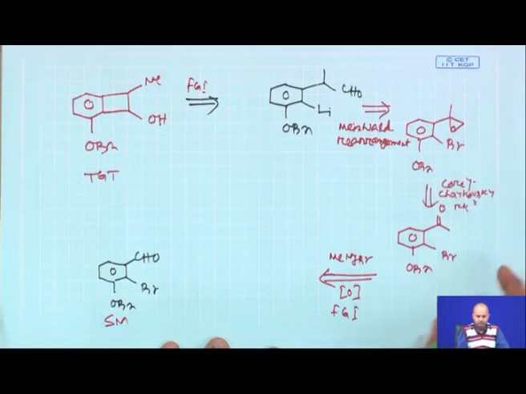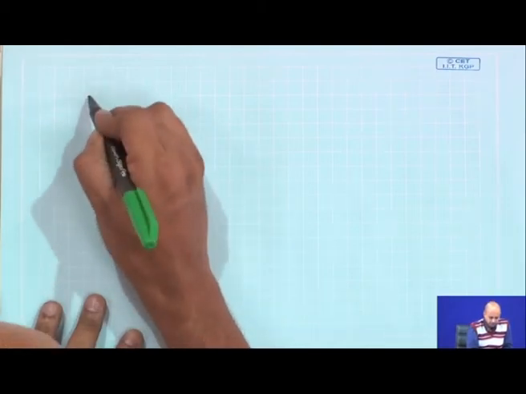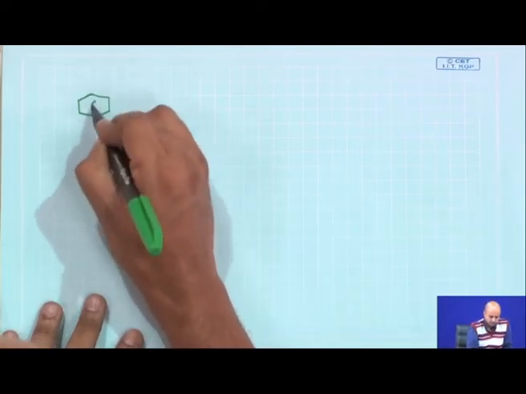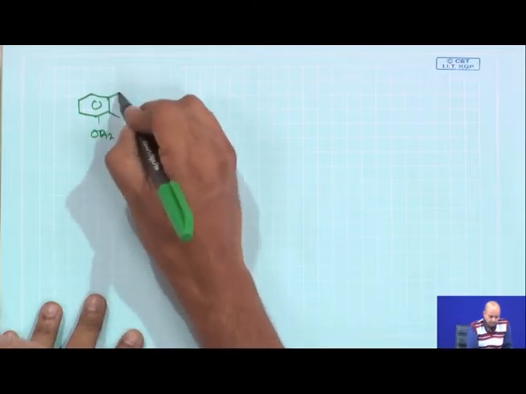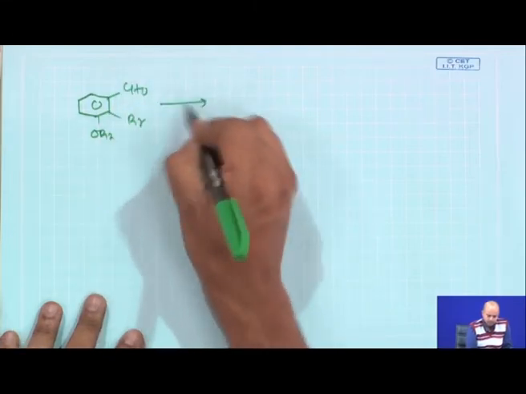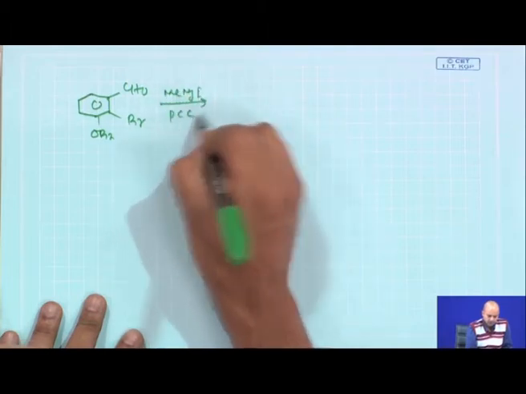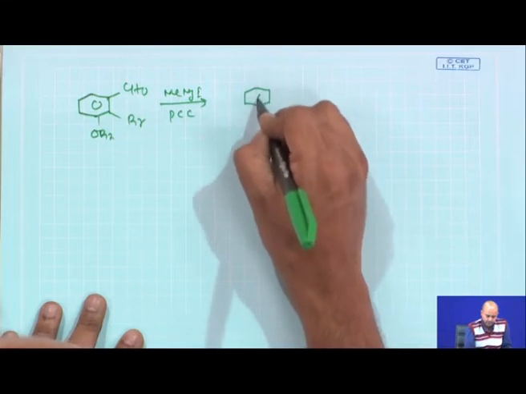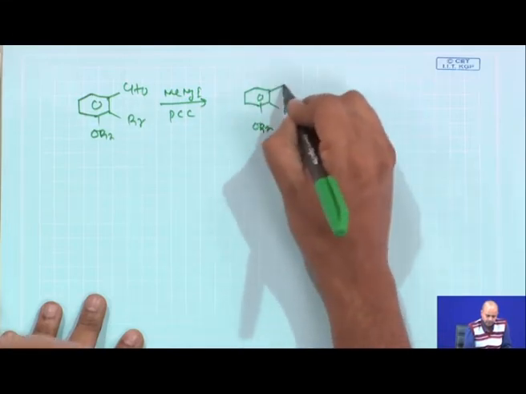So, in the forward pathway, we now do the forward direction. We start from this compound OBN, Br, CHO, methyl magnesium iodide, then PCC oxidation will end up with this ketone.